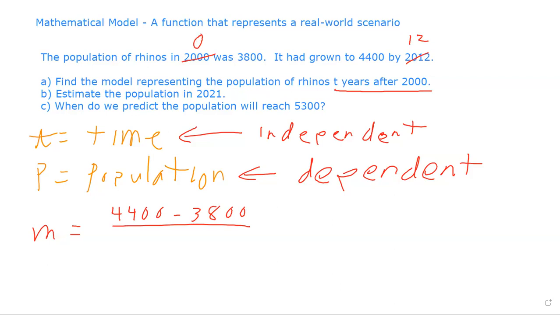So now it's 12 minus 0. Now, if we would use 2012 and 2000 in this situation, it would not make a difference when we're finding our slope, because the difference is still the same. But later on, when we plug in our t's, that will make a difference. So it is 600 over 12. So that gives us 50.